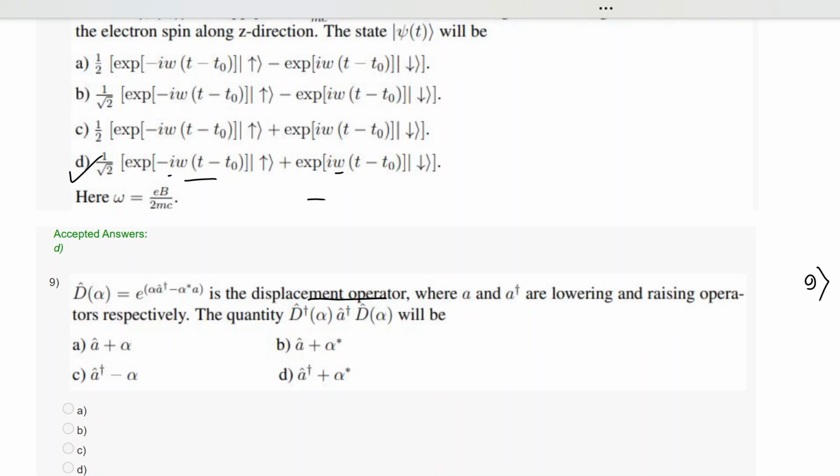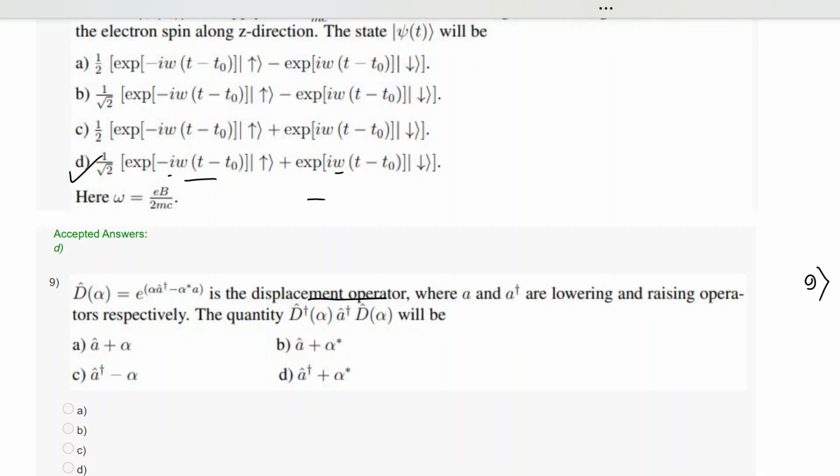So then if you take this whole thing dagger on both sides, this is a cap plus alpha whole dagger, then you know that ABC whole dagger is C dagger B dagger A dagger.